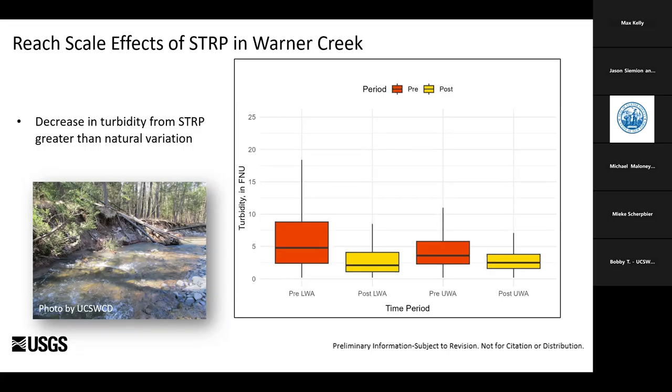We know that the lower site was impacted by turbidity sources within the project reach. If we look at the post-period box plots, this is 2 and 4, we're now seeing a much tighter, similar distribution of the data between the upper and lower sites. And this is indicating that turbidity sources in between the two sites in that STRP reach have been minimized through the project construction.